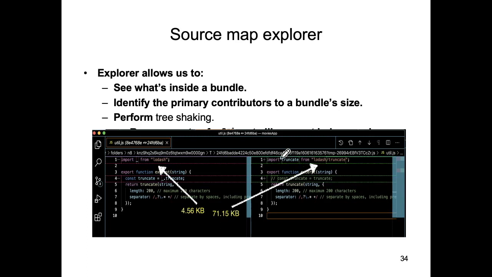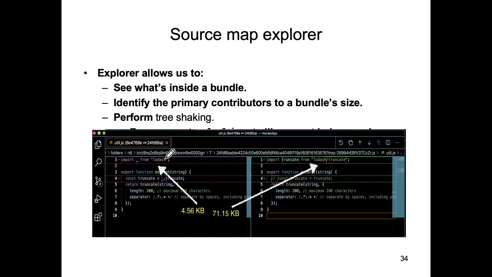So if I can explain what I mean by tree shaking, if you see on the left here, I'm importing the entire Lodash module. By the way, this underscore is a valid name for a variable in JavaScript, but by convention, we use the underscore character whenever we're using the Lodash library.